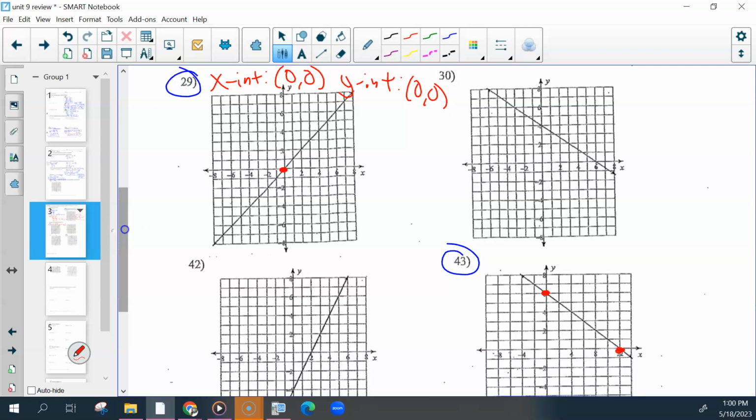So your y-axis crosses at 6. Your x-axis crosses at 12. And those would be your answers.